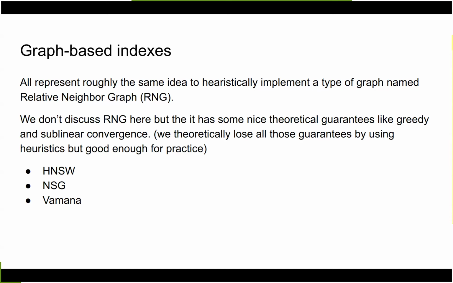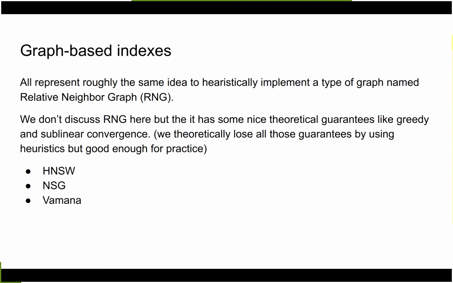It's a very important graph, but it found its way to vector database world around 2012, I think. And from that point, it's changed vector indexes until now. We don't go too deep about RNG, but it has some nice theoretical guarantees.